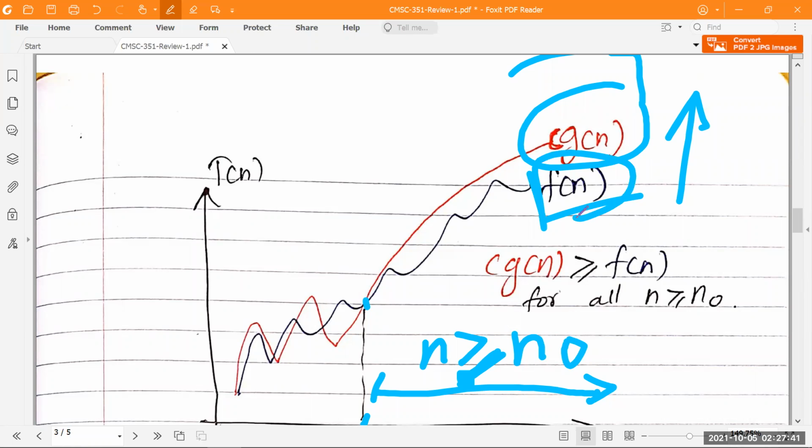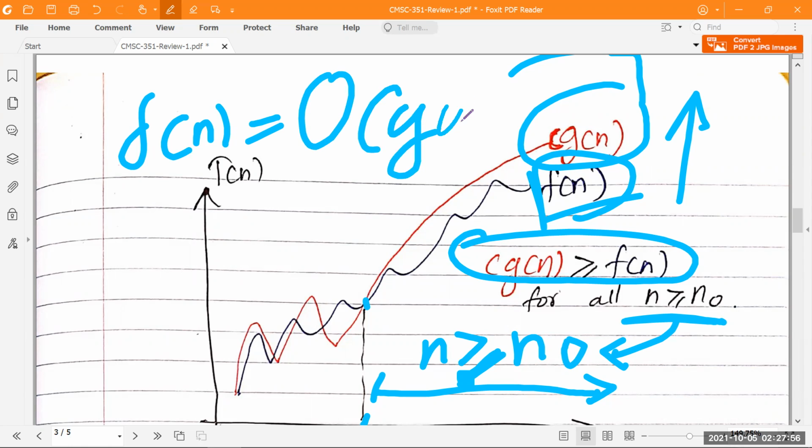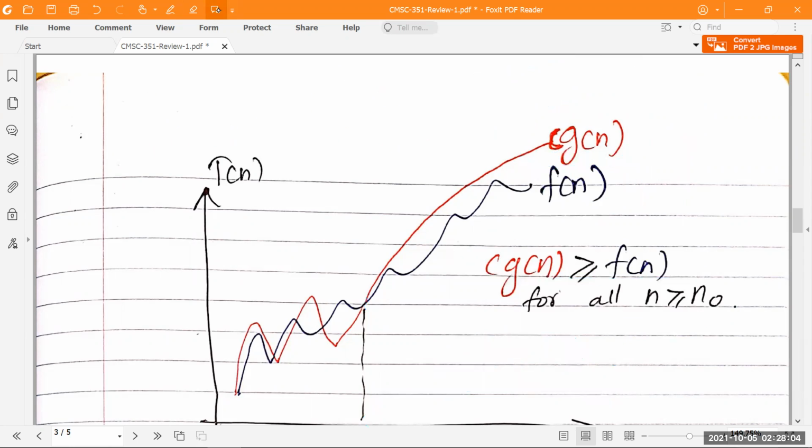So you can see Cgn is an upper bound for Fn. So this is what big O is. You can say Fn is big O of Gn. That is big O notation and what it means.